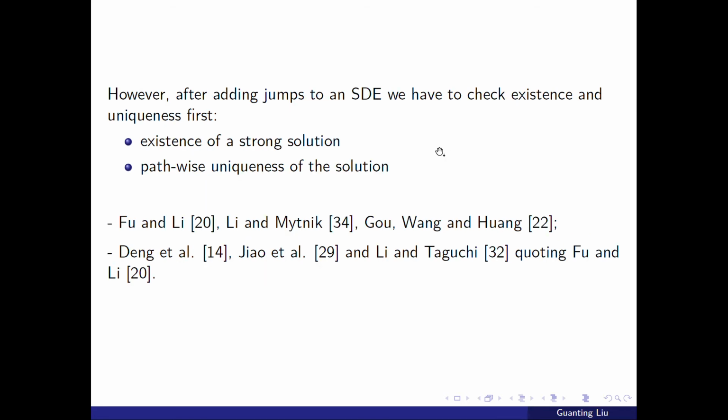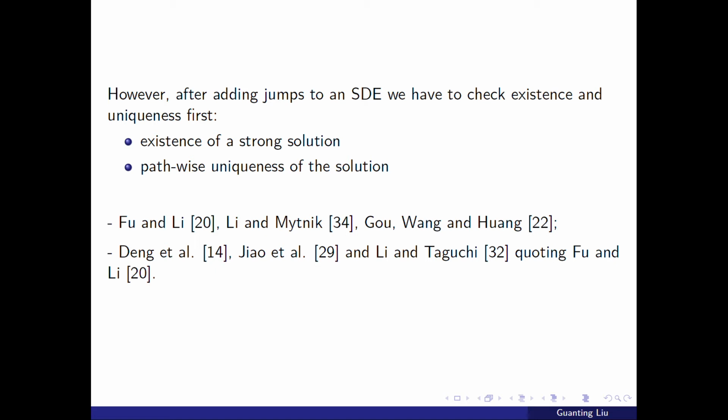Okay, so when we use such a Levy process as a jump extension in a stochastic differential equation, the immediate thing we need to do after adding the jump is to check existence and uniqueness of solution. Because adding something to your SDE doesn't guarantee you a stochastic process.